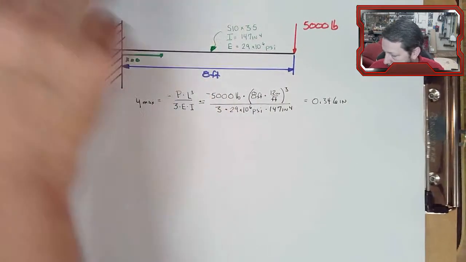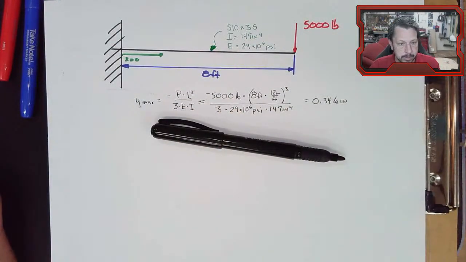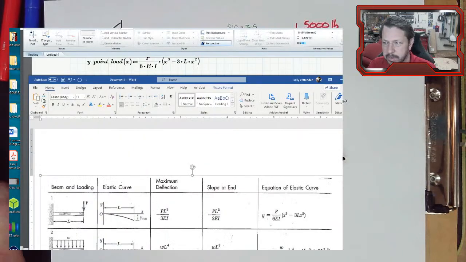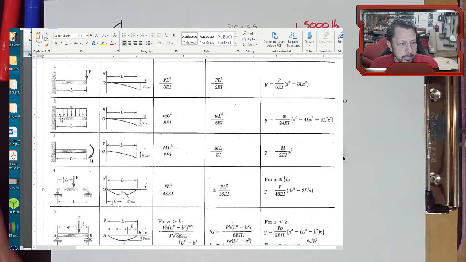So we have a case that is exactly that in our charts. Let's see if I can find them. Right here. Case 2 is a cantilever beam with a distributed load all the way across the beam. And here's the maximum deflection.